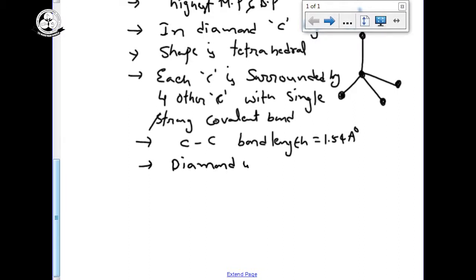Diamond is a bad conductor because it has no unpaired electrons. All the electrons are paired up, so all are 4 covalent. That's why it is a bad conductor.